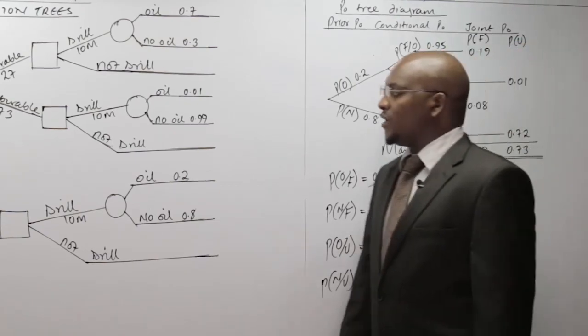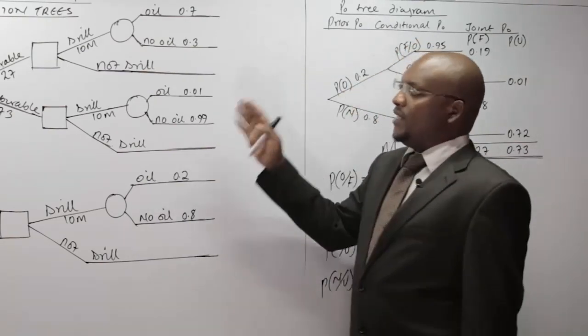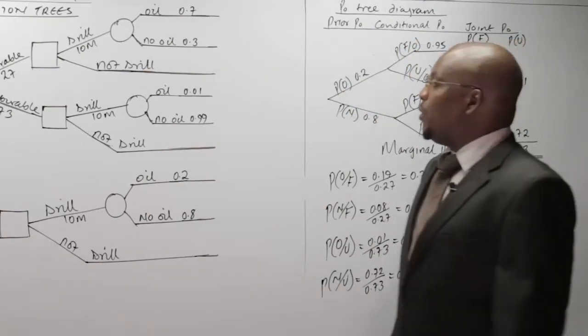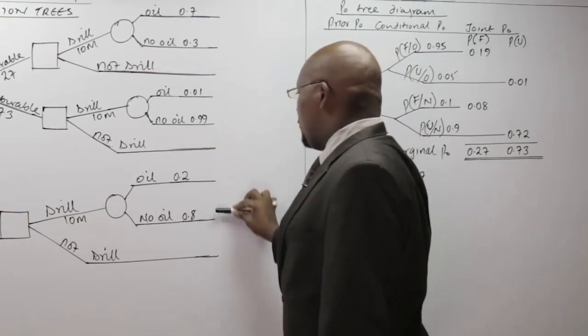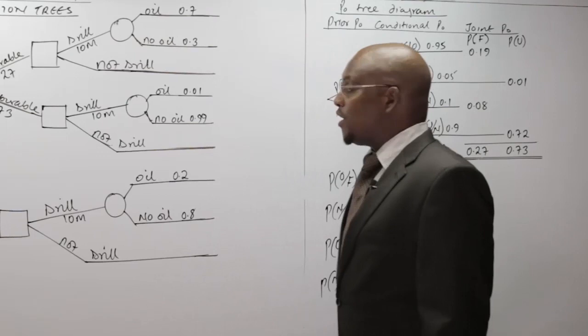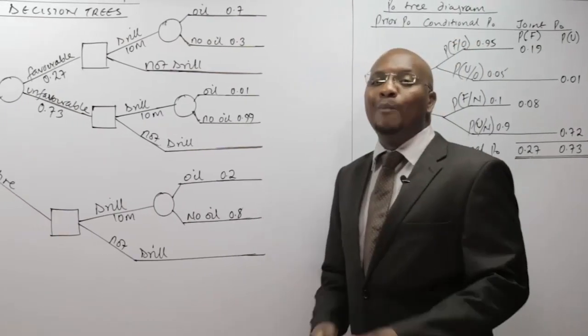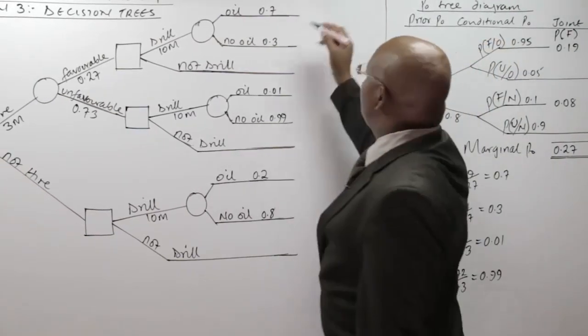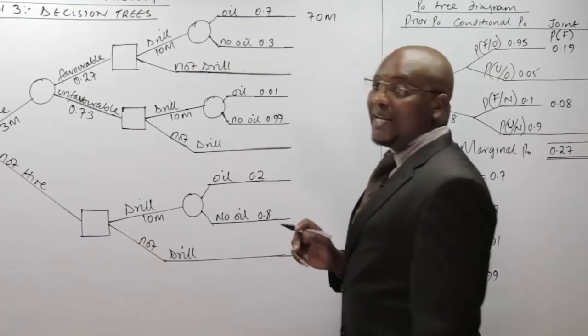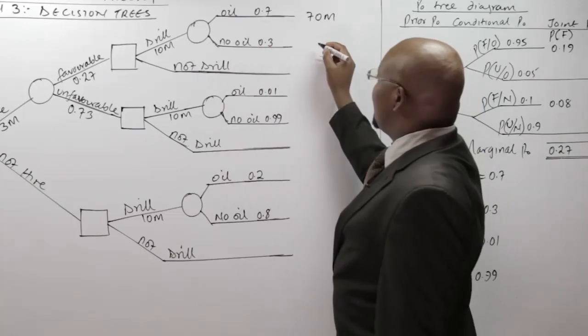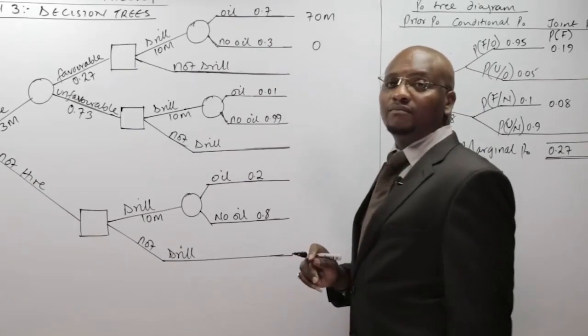Now, we come back to the decision tree diagram. We want the outcome, the payoffs. The payoffs here mean if you drill and you find oil, that oil you sell, you'll get how much? You have been told in the question that if you sell, you will make 70 million. And if you do not find any oil, there is nothing to sell.